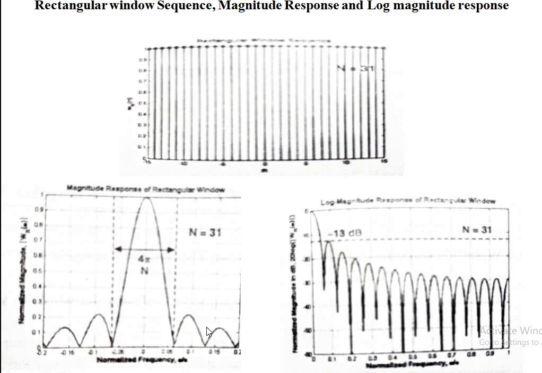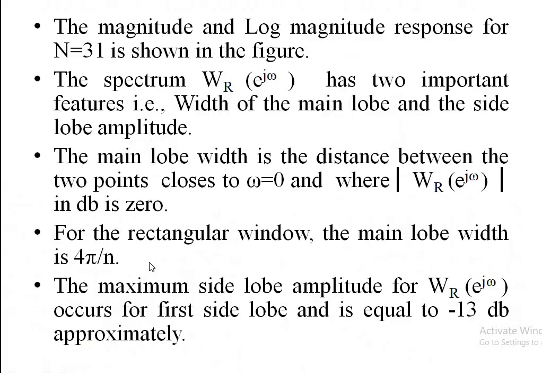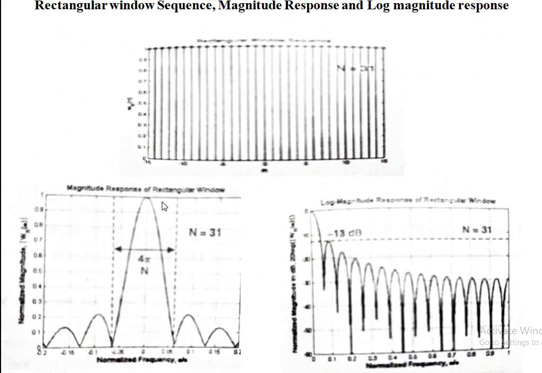Whenever you observe the spectrum, the main lobe width that we are considering here is nothing but the distance between the 2 points closest to omega equal to 0, where the magnitude of WR of e power j omega in dB is 0.